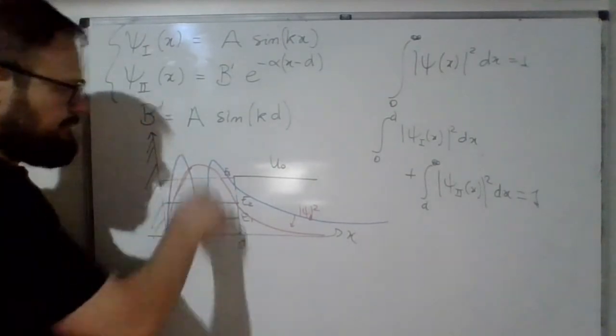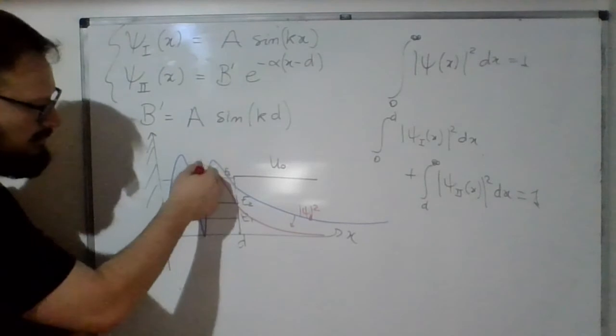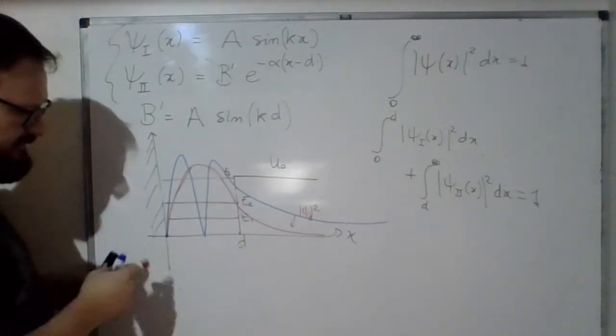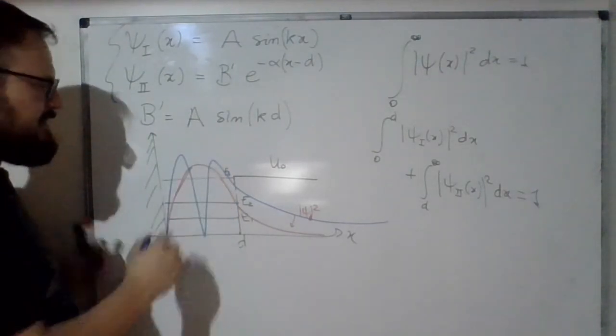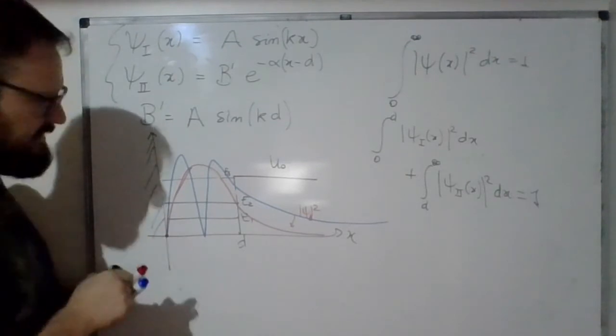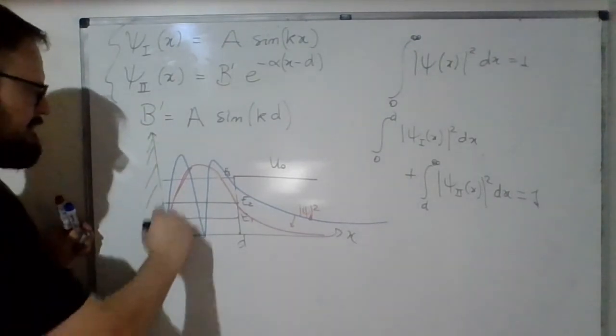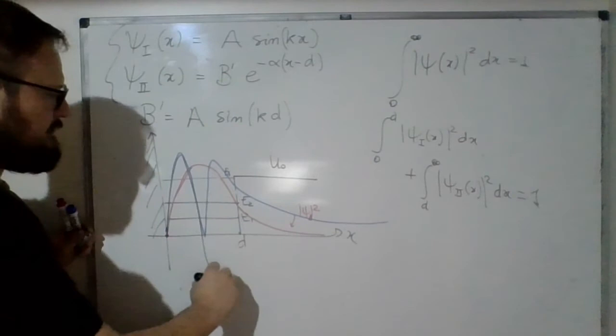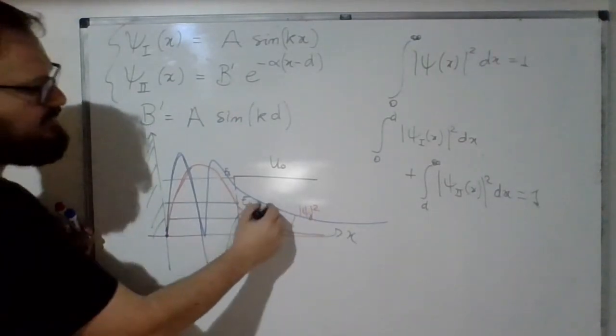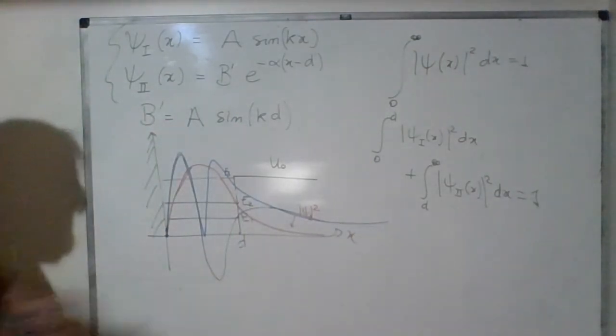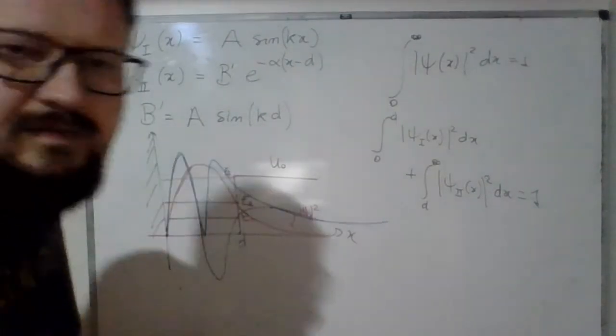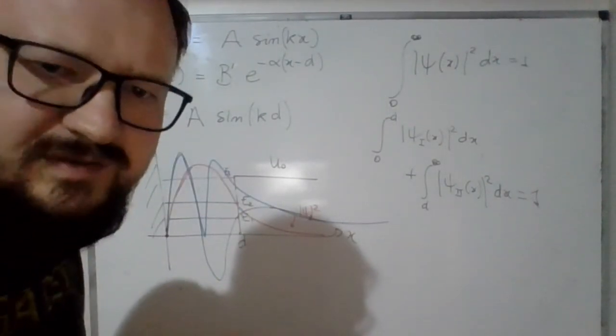If you plot not the squared value, but the wave function per se, you'll find something like this. Negative values. All right. My plot here is not perfect.